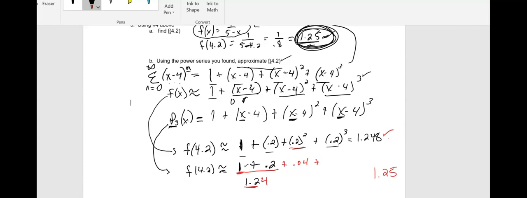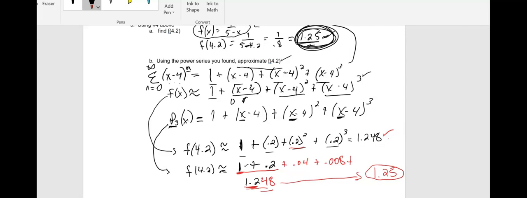Yeah, 0.008. We add that to our 1.24, and that's what gives us that 1.248. So we were getting closer and closer to the real value with the more terms that we add. If we were to continue this process, we would get closer and closer to that real value.